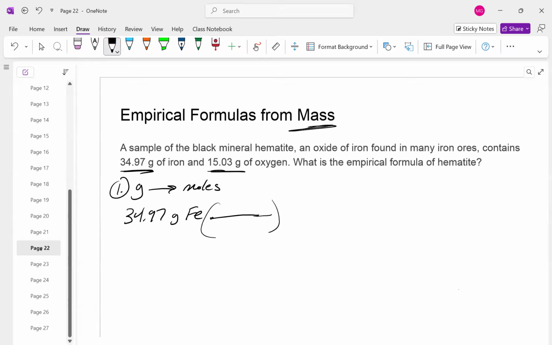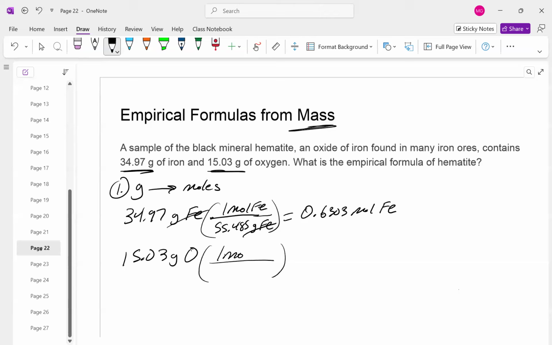So I'm going to look up on the periodic table and get my molar mass. So that's 0.6303 moles of iron. I'll do the same thing for oxygen.